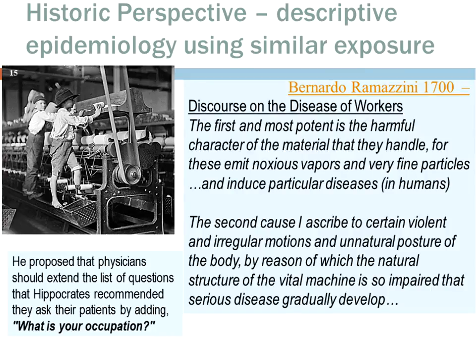"The second cause I ascribe to certain violent and irregular motions and unnatural postures of the body, by reason of which the natural structure of the vital machine is so impaired that serious disease gradually develops." I believe this is the study of ergonomics, looking at cumulative trauma diseases that develop slowly over time.